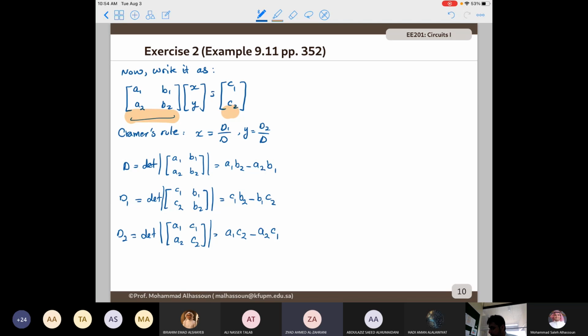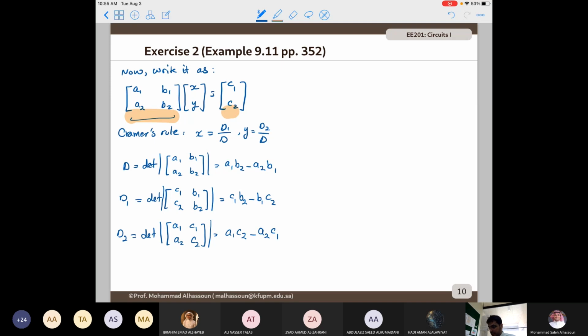Okay, exactly. Most calculators cannot handle inverting a matrix with imaginary parts, so we're trying to find a simple way of solving this. But all calculators can handle multiplication and addition of complex numbers.